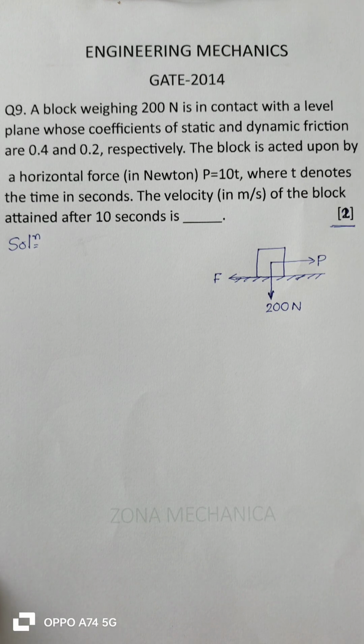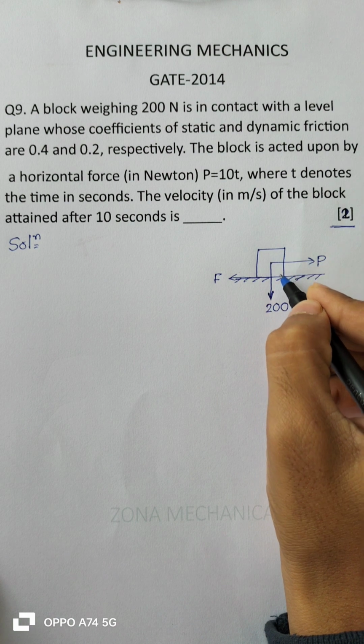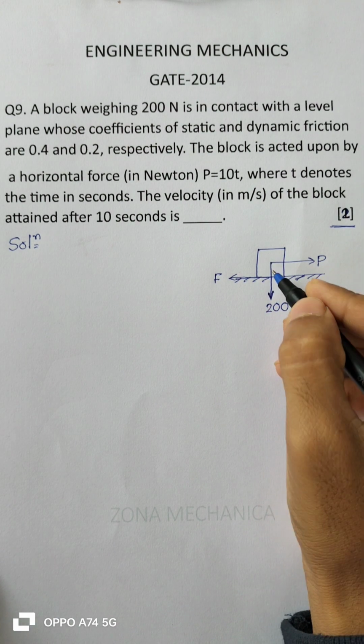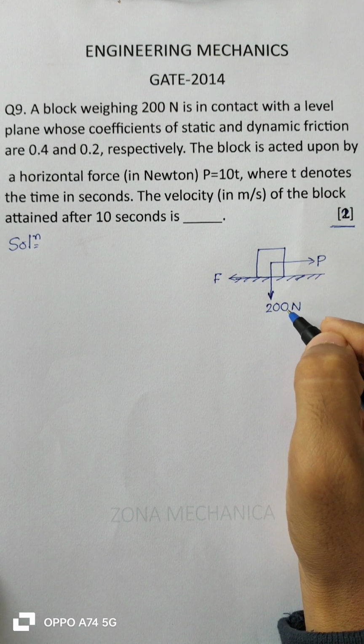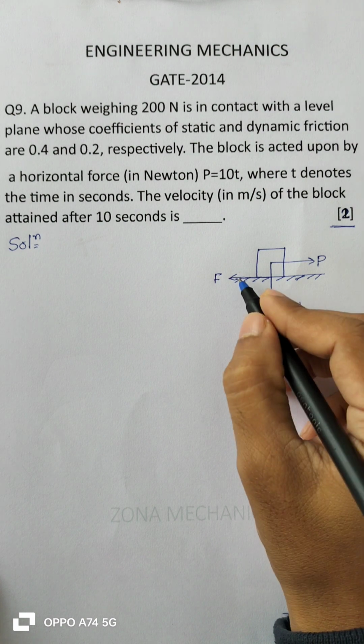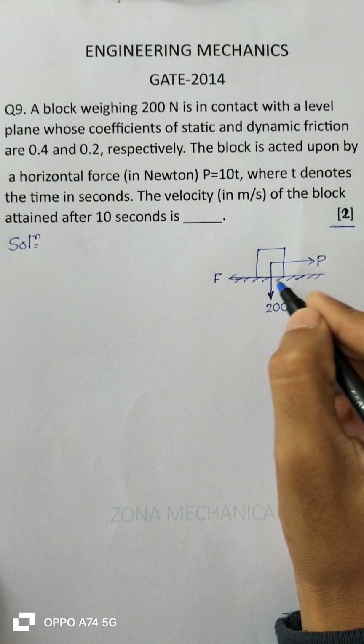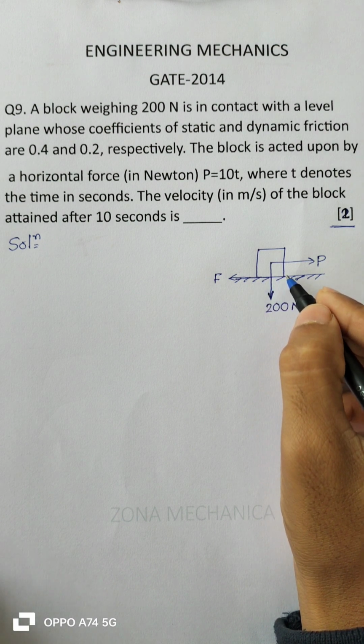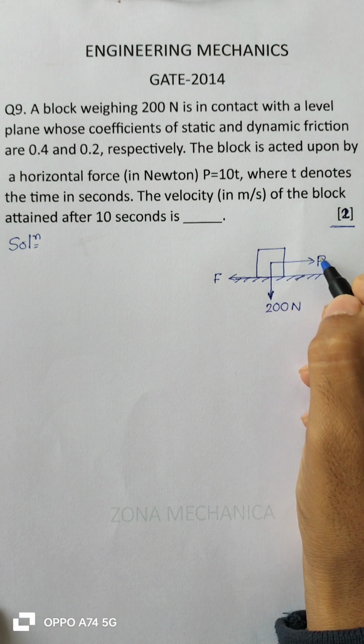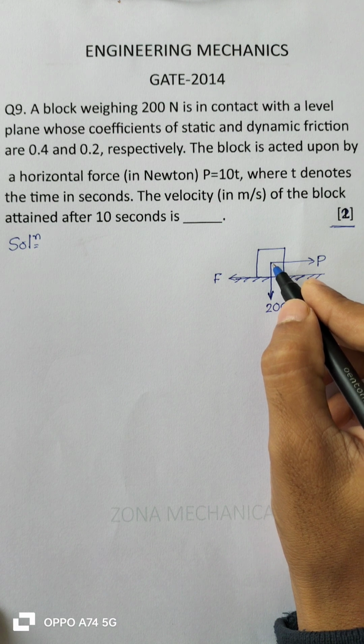There is a block of weight 200 Newton resting on a level, horizontal plane, and a horizontal force P is acting on the block.